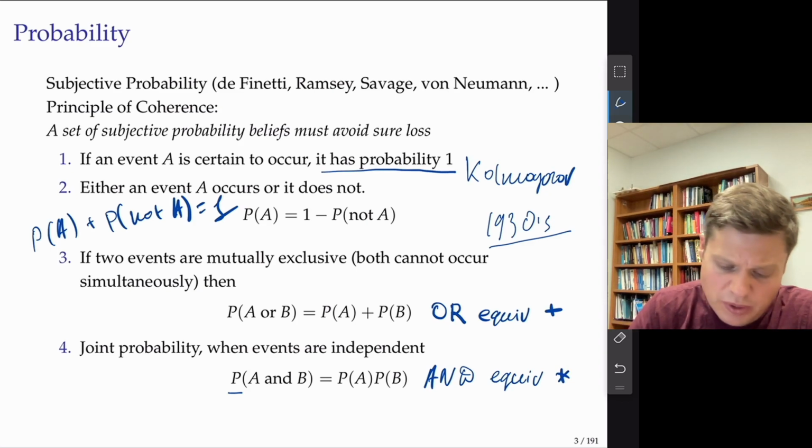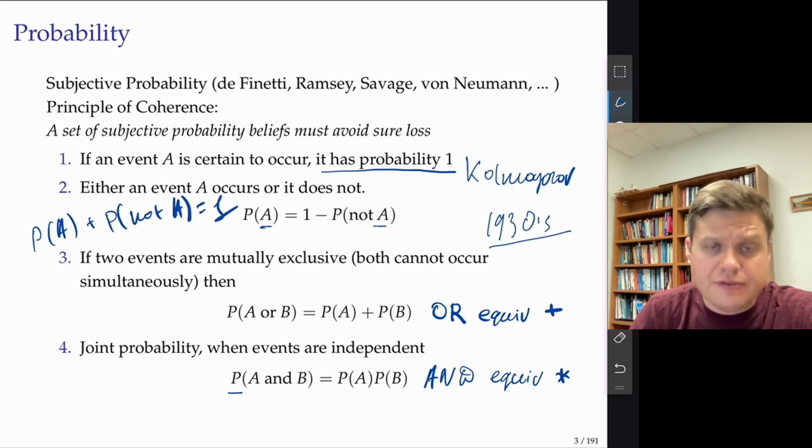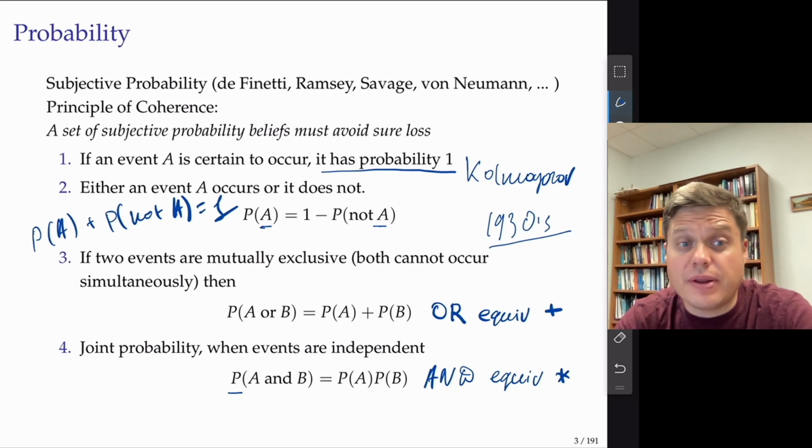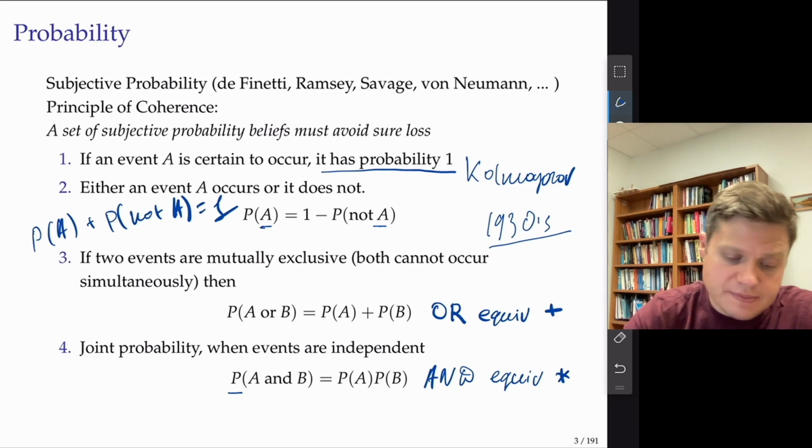And of course, we are talking about events here. In the first lecture, we'll be talking a little bit more about events, but through the rest of the course, we'll be talking about random variables mostly rather than events.